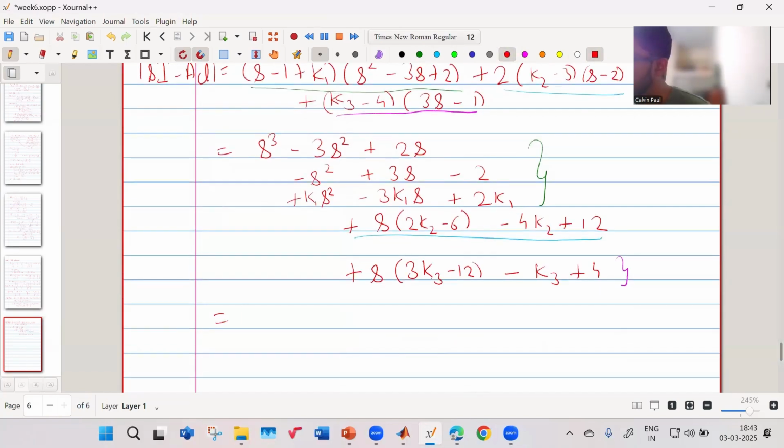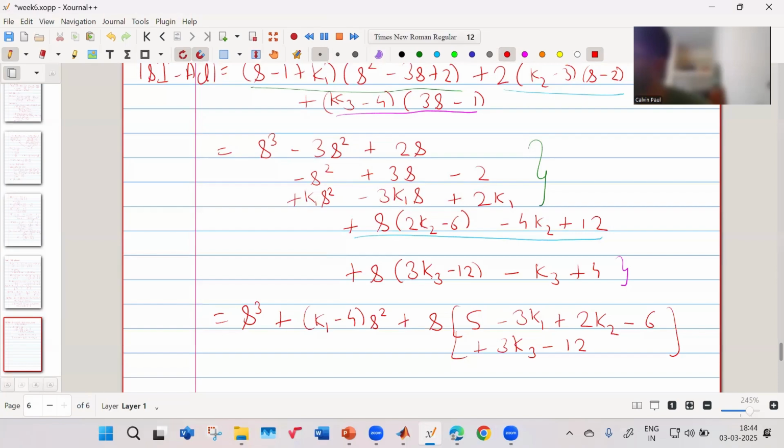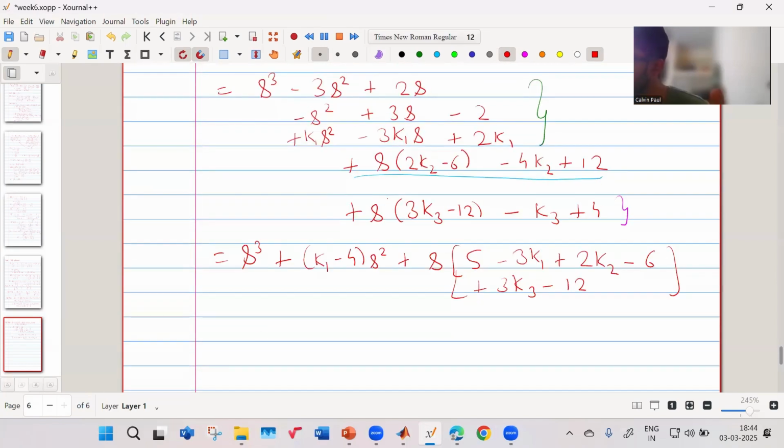So this becomes s³ + (K1 − 4)s² + s(2 + 3 is 5, 5 − 3K1 + 2K2 − 6 + 3K3 − 12) and then the constant terms, 2K1 − 2 − 4K2 + 12 − K3 + 4.